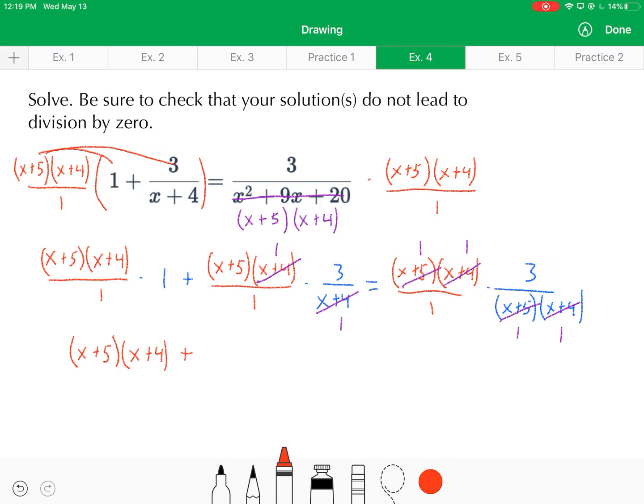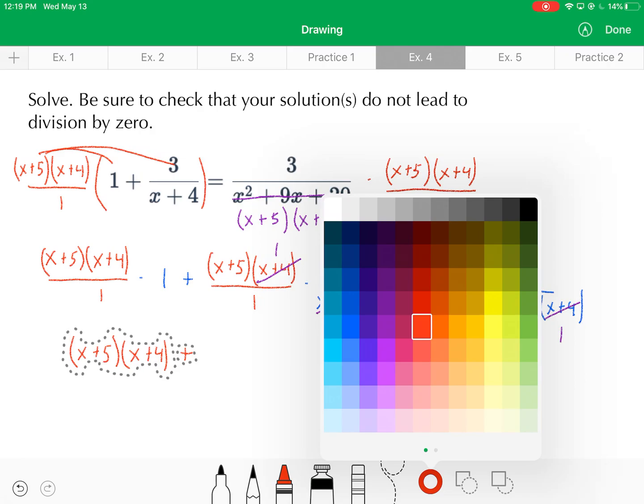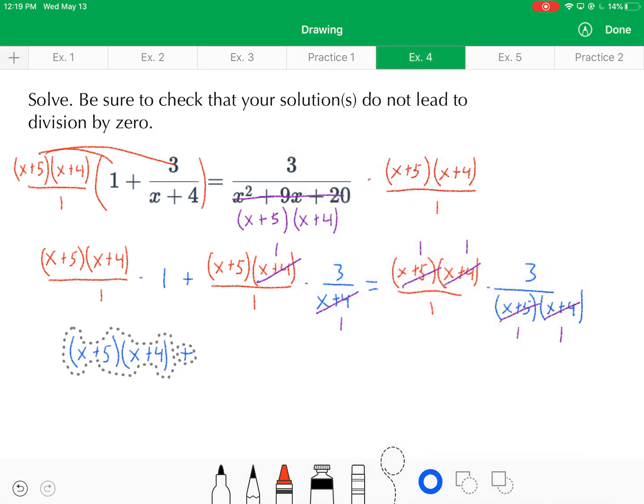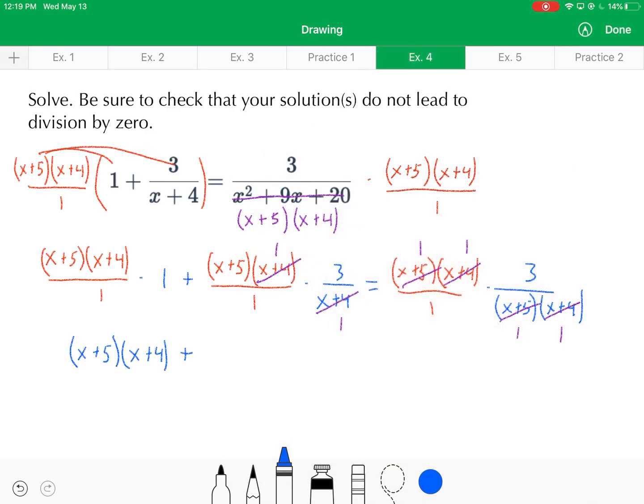And then we have plus 3. I'm going to change my colors here just to stay consistent with how I've done this in the past. That's blue. Now we've got plus the 3 times (x plus 5) that are both left over, equals 3.